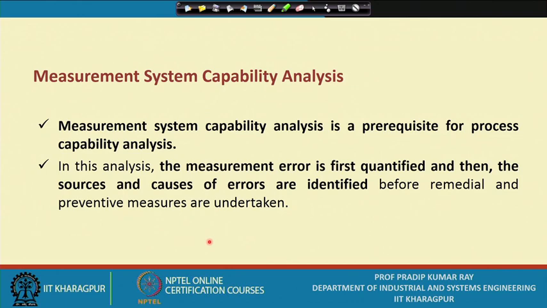So in this analysis, the measurement error is first quantified. This is to be quantified, and then the sources and causes of errors are identified. And what we believe is that the measurement error is a function of time primarily. That means as the measuring instrument becomes older and older, that means getting aged, it is most likely that the measurement error will be more.